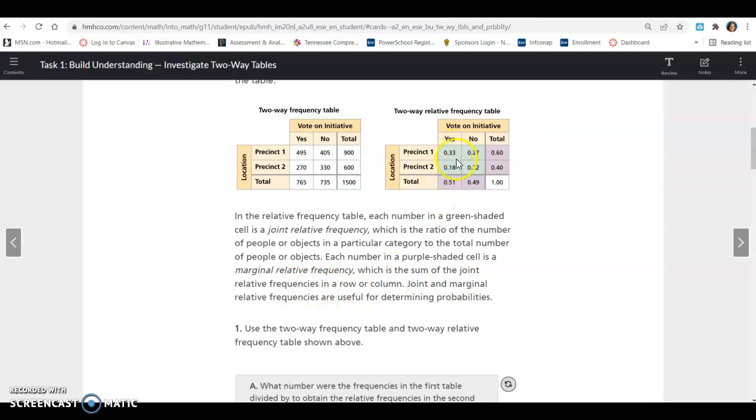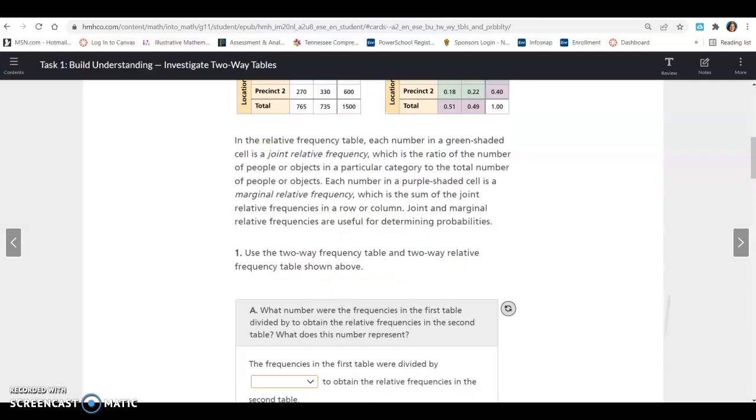So you can see that the 0.33 and 0.18 give you the 0.51. So these in purple are your marginal relative frequencies. Joint and marginal relative frequencies are used for determining probabilities.